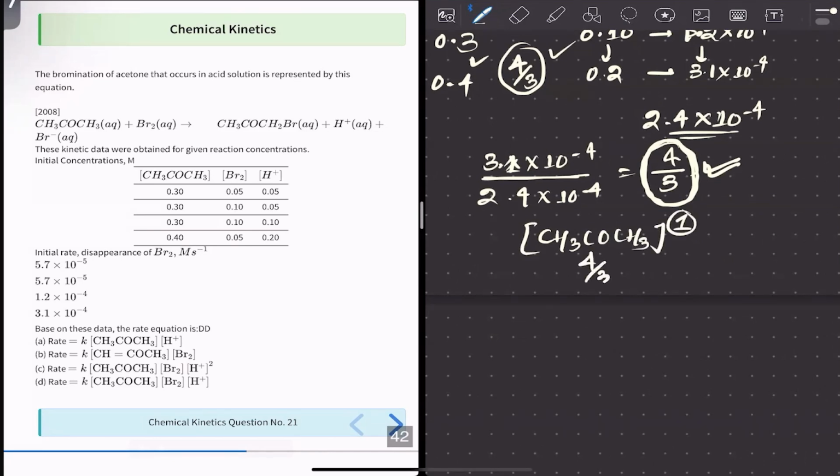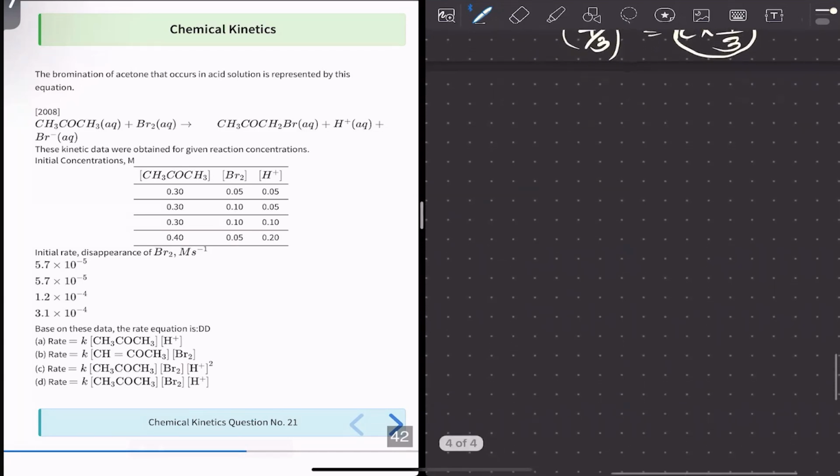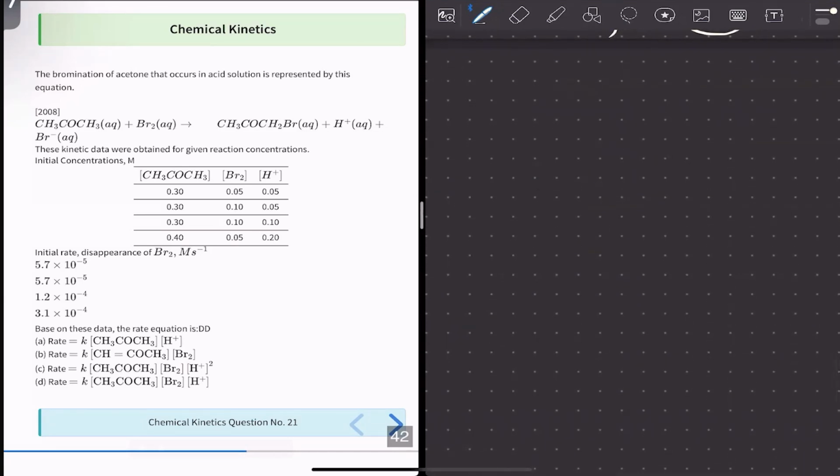If we increase by 4 by 3, the superscript will be 1 and the rate of reaction will be 4 by 3 of R. So both superscripts, for H plus and CH3COCH3, will be 1. So the order of the reaction would be 1.